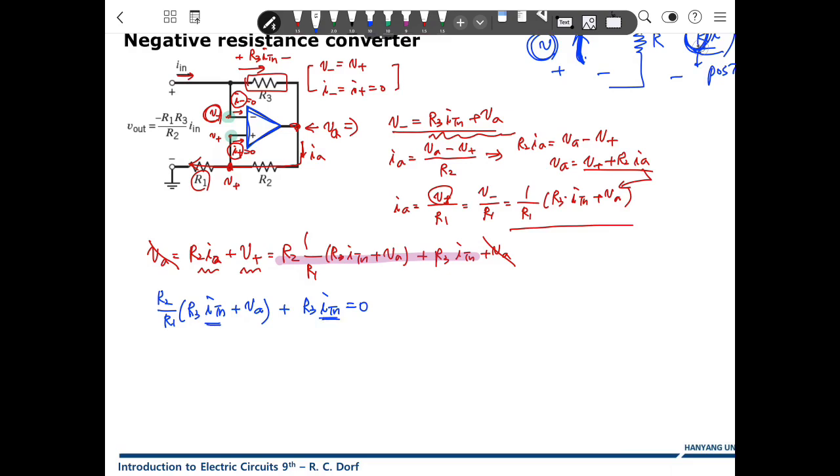So we rewrite with I_in (R1 R2 R3 plus R3) I_in plus R1 R2 V_A is 0.